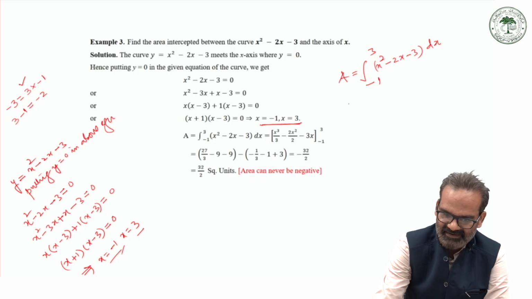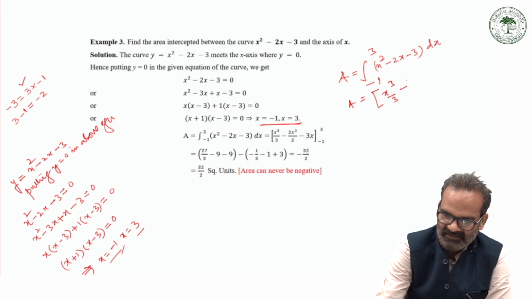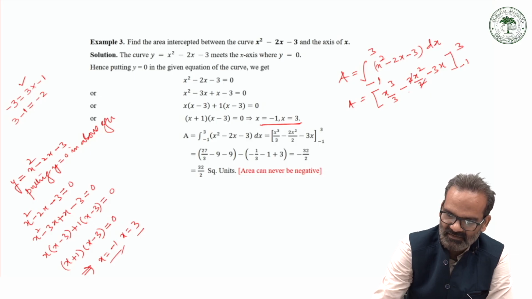Now simply integrate it. So A will be equal to x cube by 3 minus 2x square by 2 minus 3x from minus 1 to 3. This 2 and 2 will cancel out. What is left is x cube by 3 minus x square minus 3x from minus 1 to 3.